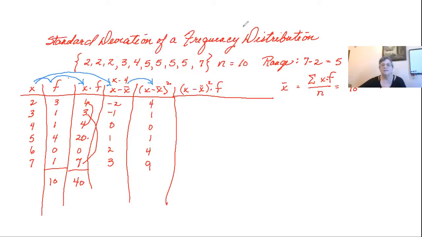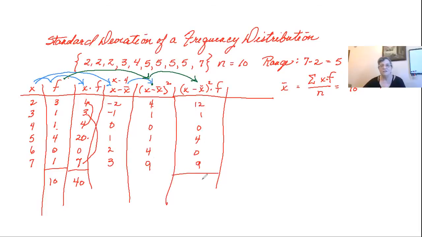This one is the product of this and this, goes here. So f times x minus x bar squared: I've got 12, 1 times 1 is 1, 1 times 0 is 0, 4 times 1 is 4, 0 times 4 is also 0, 1 times 9 is 9.